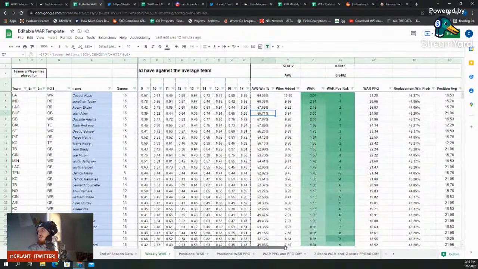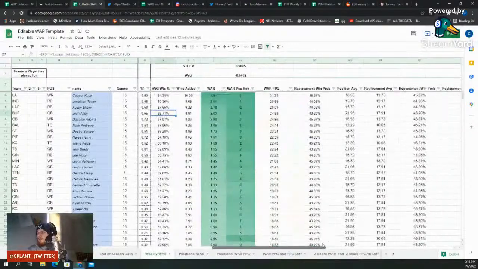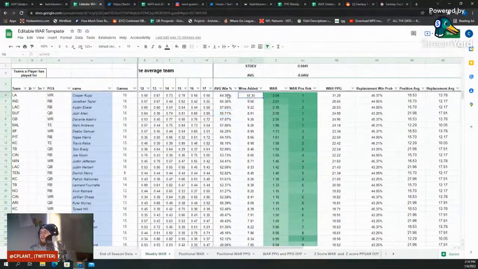So now to get into the calculation of the actual wins that they get, you just have to multiply this by 16 games, right? Because if they're not playing a game, then I just chalked it up as replacement level, right? And no player that played 5 or fewer games is included in this.